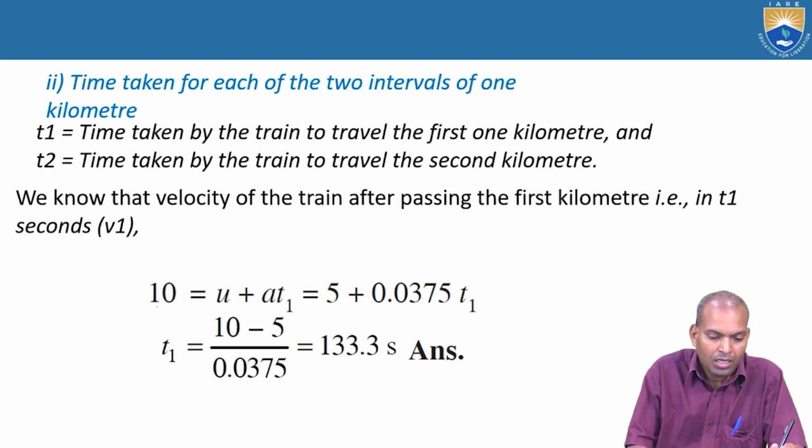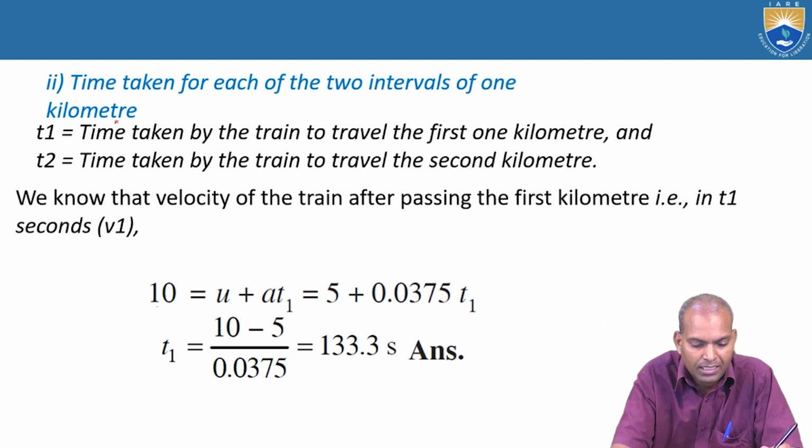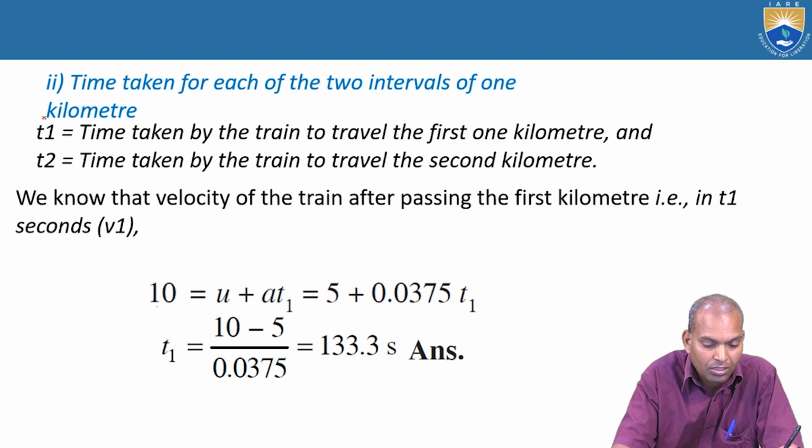Okay. Next, the second objective is the time taken for each of the two intervals of 1 kilometer.